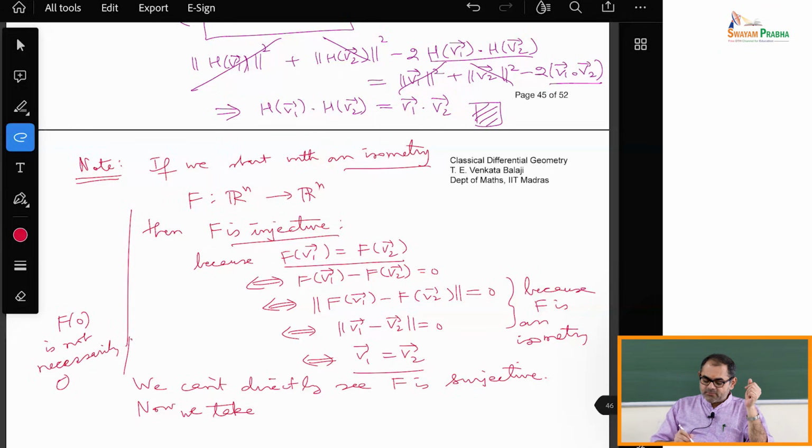Okay, but a general isometry will of course have this property, that the isometry condition is norm of f v1 minus f v2 is norm of v1 minus v2. This is always the isometry condition. Mind you, from this condition you cannot directly write norm fv is equal to norm v.